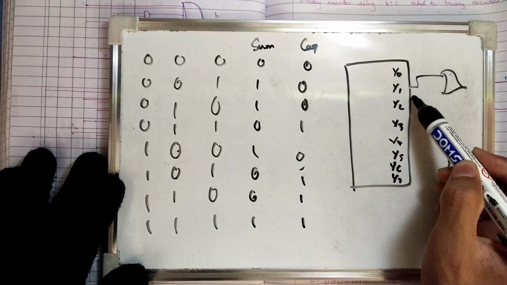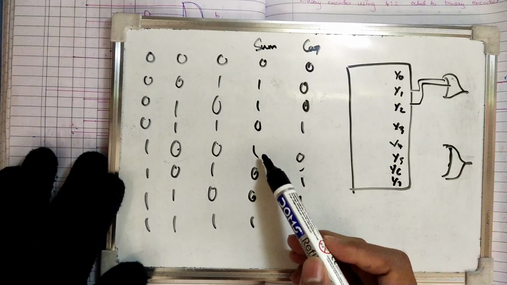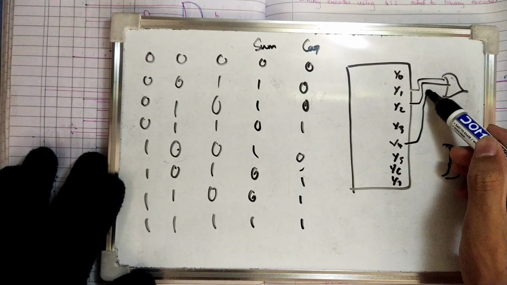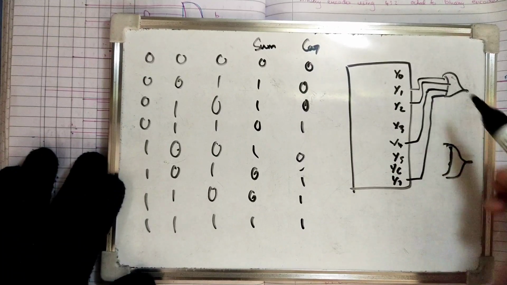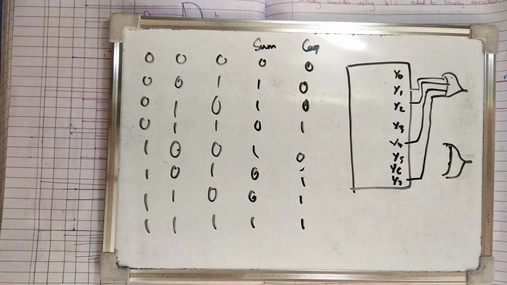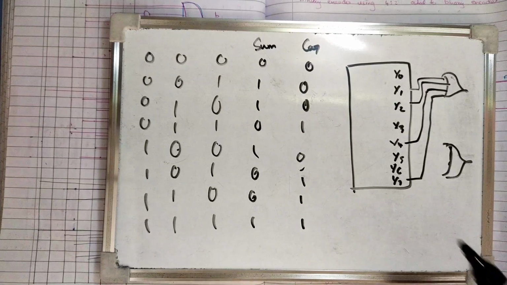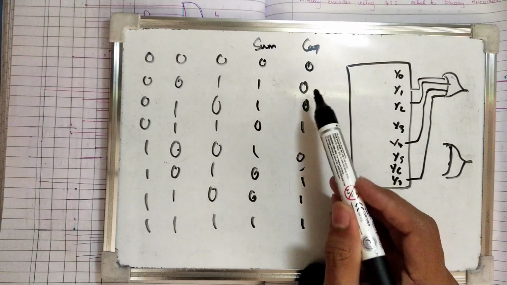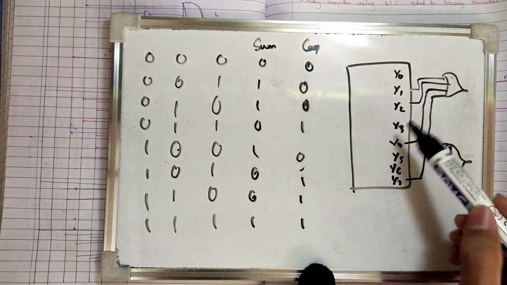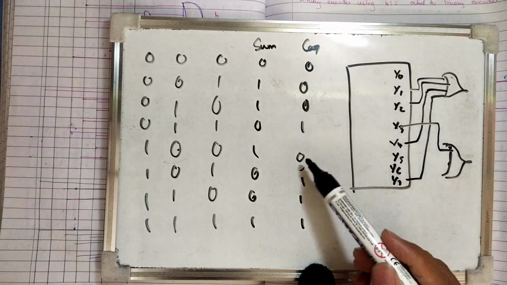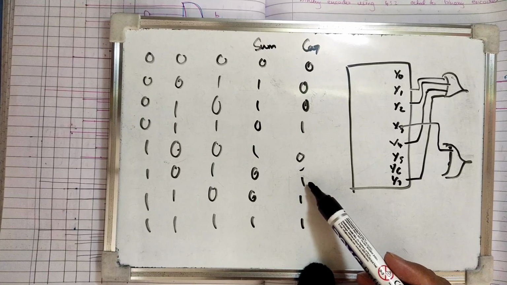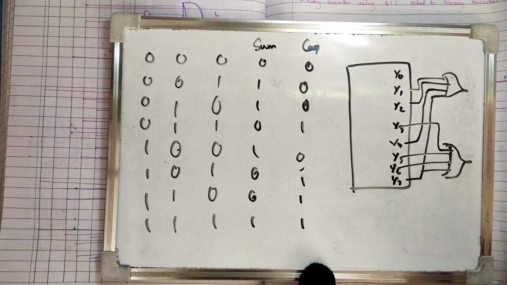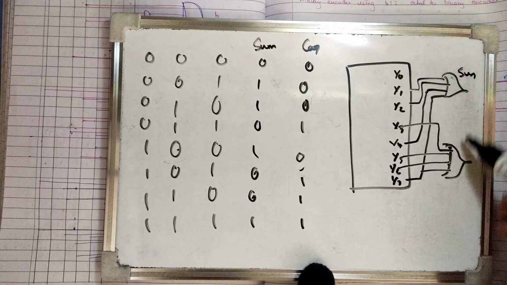Then y3 is not there, y4 and y7. Remember we did the full subtractor using demux; here we are doing the adder. For carry we have y1, y0 is not there, y3 is there, then we have y5, y6 and y7. So just write your sum like this and carry like this.